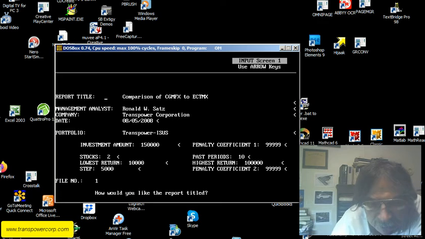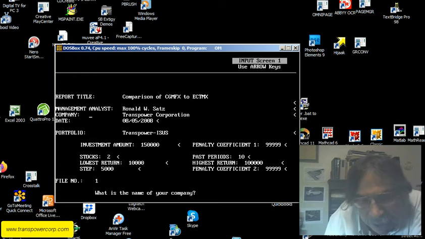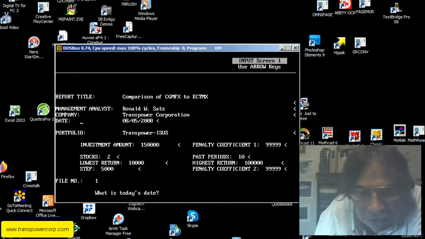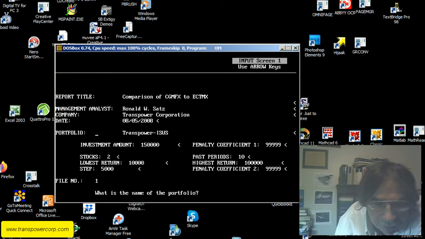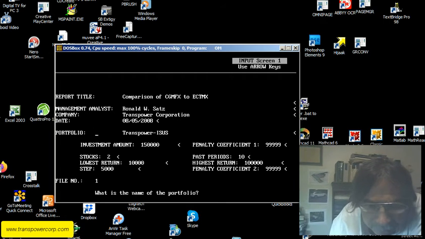We'll just go through these. How would you like the report titled? I say it's a comparison, etc. It's my name, company name, date. I like having everything nicely lined up. Portfolio, Transpower, and my nonprofit, International Society of Unified Science, abbreviated to ISUS there.